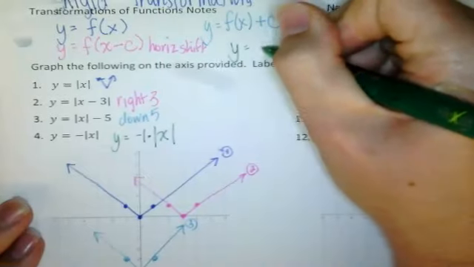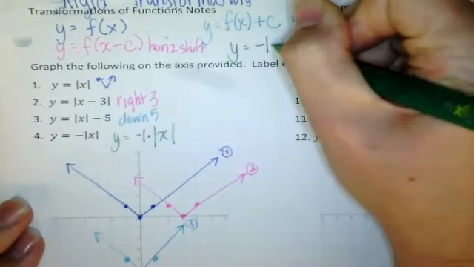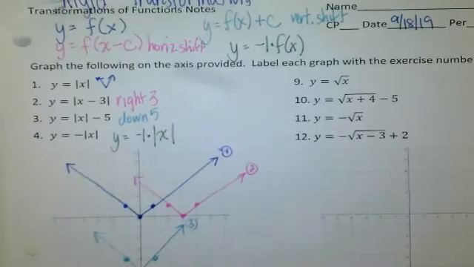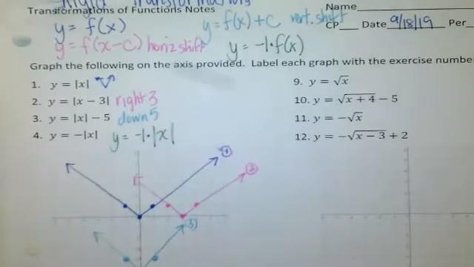I'm going to write that as y equals negative 1 times my function, whatever function I have.